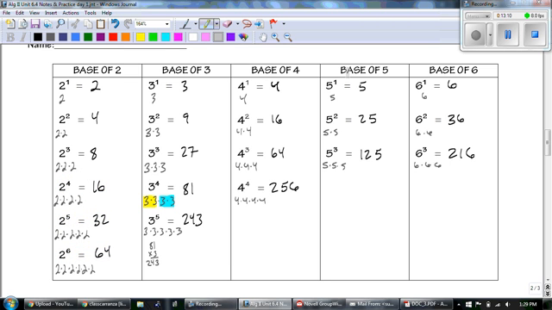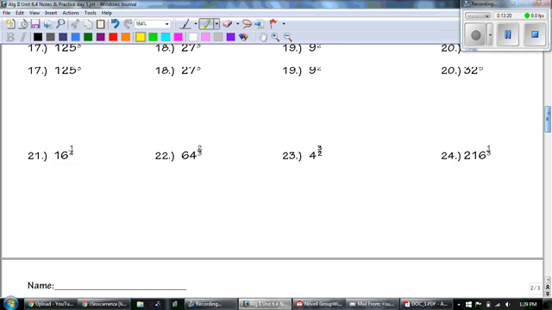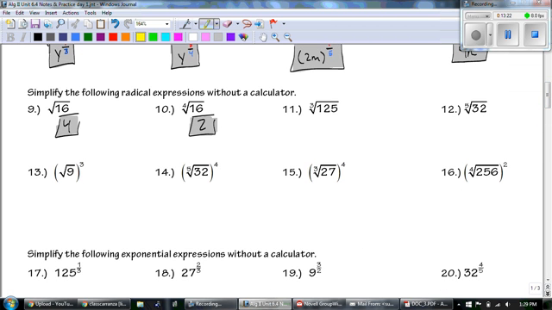So it's 125. And so I'm looking for where is 125, and that's to the third, and on the other side, I want the cubed root, so what number times itself 3 times gives me 125, and it's 5.